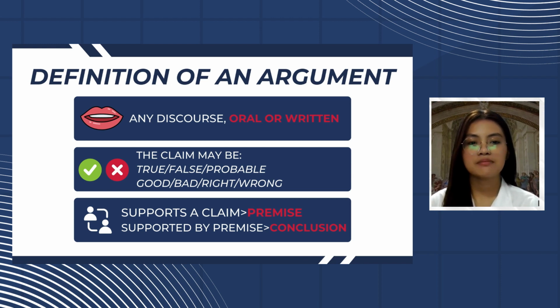The claim of the statement may be something true, false, or probable, something good or bad, right or wrong, desirable or undesirable. So the part of the discourse used to support the claim is called the premise, and the part of the discourse that is supported by the premise is called the conclusion.